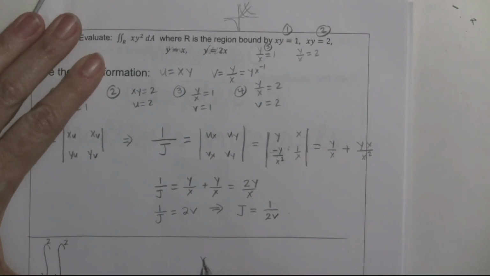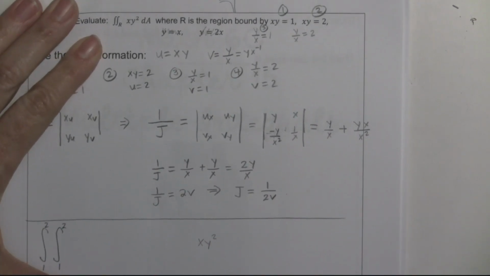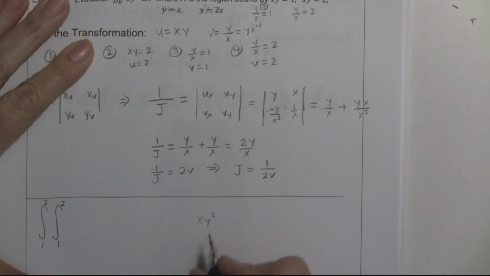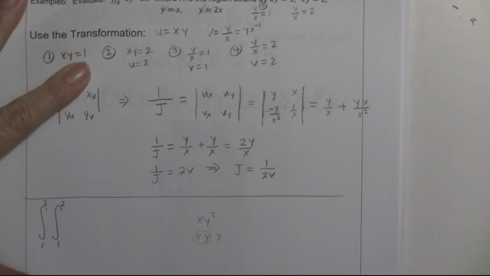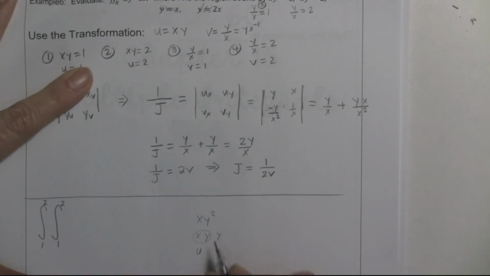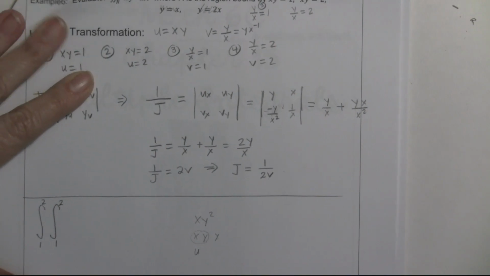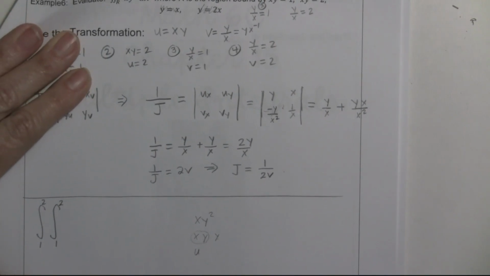The xy squared, I'm just writing that lightly, and I plan on erasing this, is xy times y. I said, okay, that's good because I know what xy is. xy is equal to u. And then I had y here, and I was like, oh my gosh, how am I going to handle and get just y?